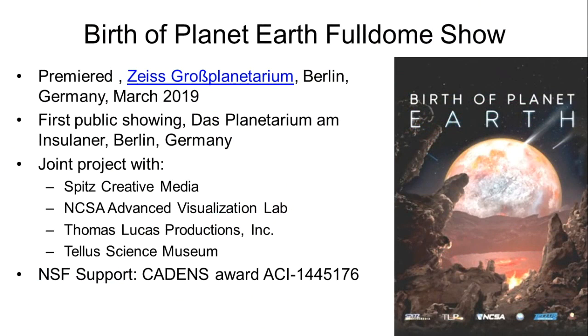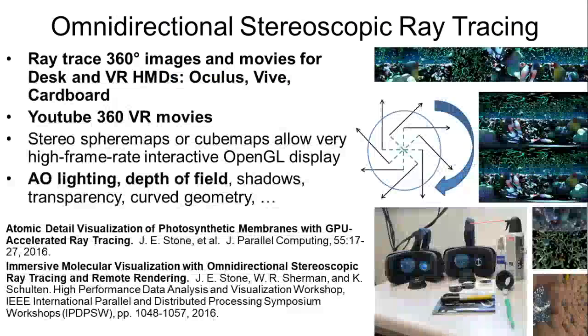So that's another thing that the ray tracing techniques allowed us to do: we could generate 180-degree field of view projections for planetariums. And now, more recently, the state-of-the-art versions of VMD can generate VR movies that can be shown on YouTube.